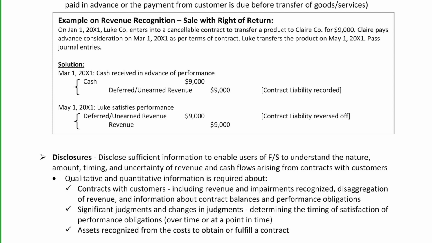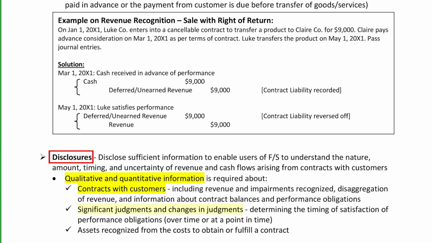Now, the revenue recognition standards also have a lot of, put a box around, disclosure requirements. Highlight qualitative and quantitative information is required about the contracts with customers, which includes revenue and impairments recognized, disaggregation of revenue, and information about contract balances and performance obligations.